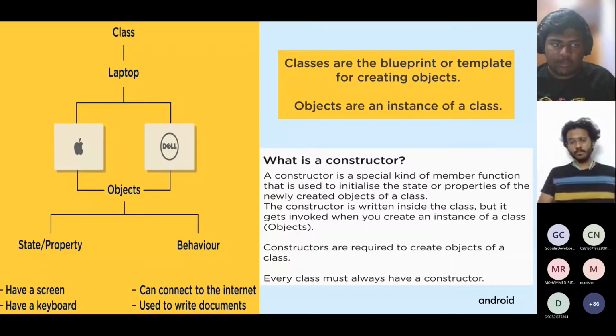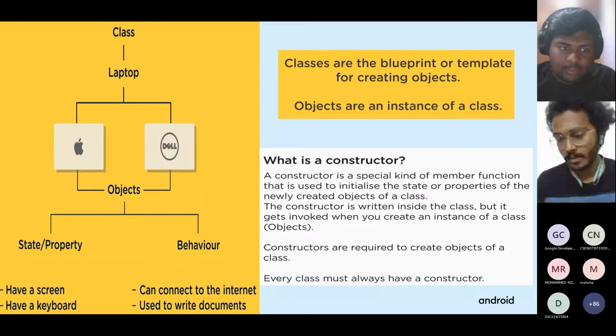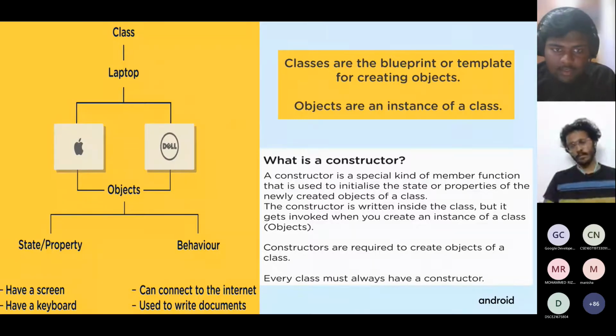An object means, as you can see in the example on the screen, a class contains an object called laptop. As in the market, you guys have already seen, there are different kinds of laptops: Windows laptop, Apple laptop, Macintosh, I mean Mac.